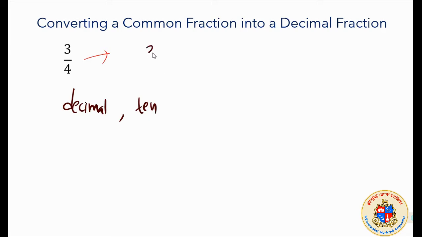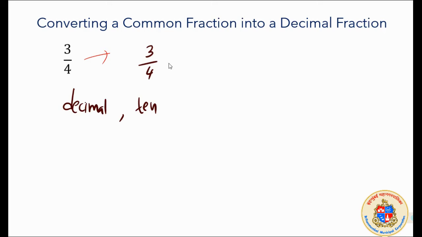Now as it is 3 upon 4, to convert this into a multiple of 10, like 10, 100, 1000 will be quite easy. If you want, you can convert this into 10 also, you can convert this into 100 also.